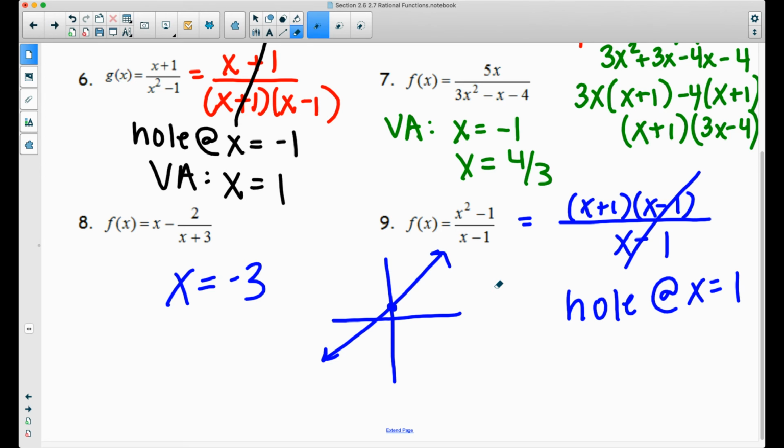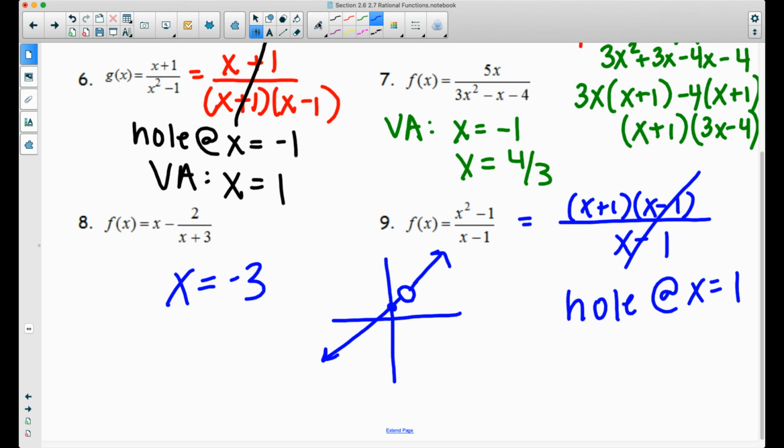But it's going to make a big old dot here. So whenever you get to 1, you would just have a hole in your graph. There. Okay. That's how it ended up looking.